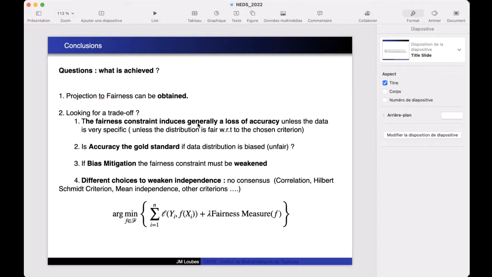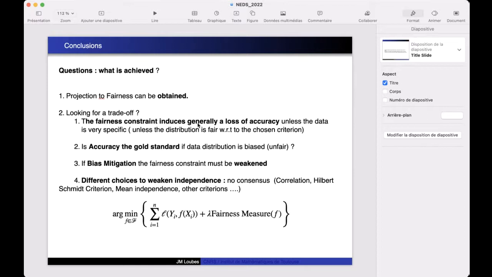For instance, if I minimize error on the existing data, then I will just perpetuate the bias present in the data, and I will just assume that I want a kind of status quo. I mean that I accept the bias in the data, and what I just want is to control that the algorithm does not make the bias worse, does not amplify the bias.